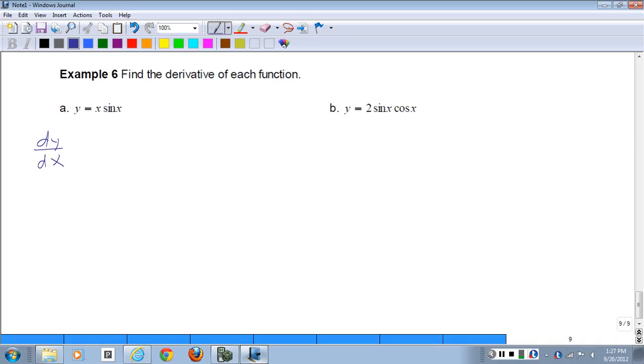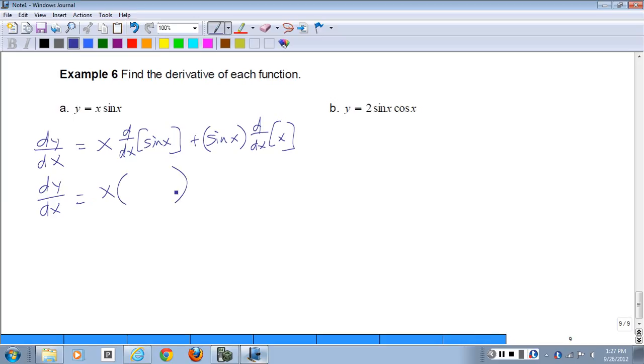But dy/dx, the derivative of y with respect to x, means the same thing as f prime of x. Same thing, it's just different notation. dy/dx equals the first times the derivative of the second plus the second times the derivative of the first. And then we simplify. Well, differentiate and simplify. dy/dx equals x times cosine x plus sine x times 1.